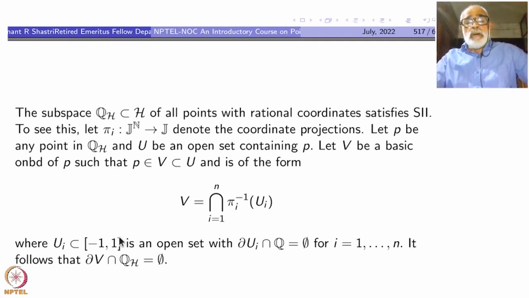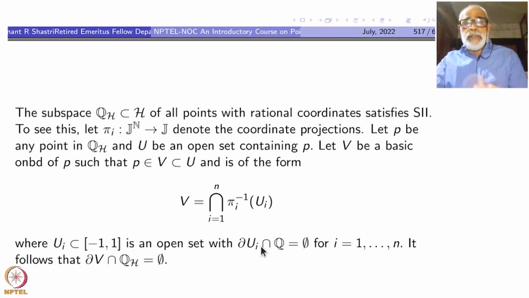But here I am going to choose this V such that each u_i has this property, namely the boundary of u_i, which will just consist of at most 2 points, depending upon where the point is taken. If the point is strictly in the interior, the boundary of u_i will consist of 2 points.